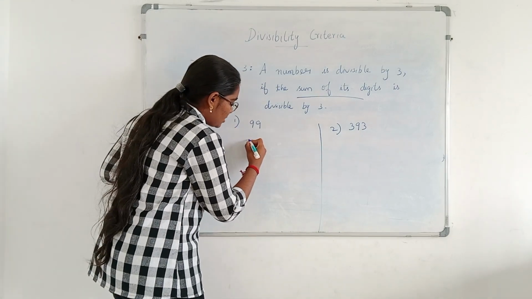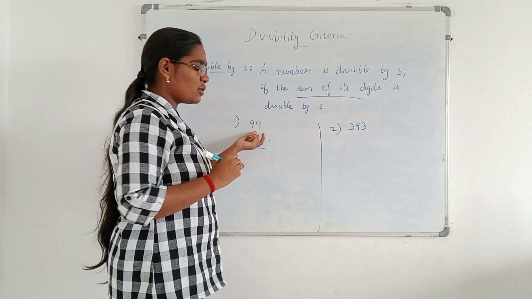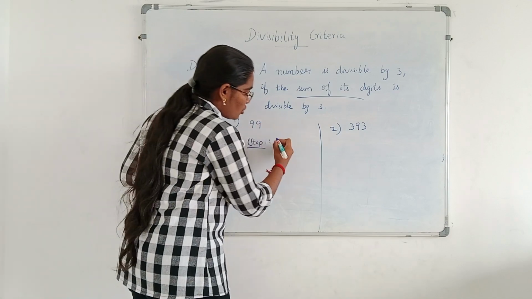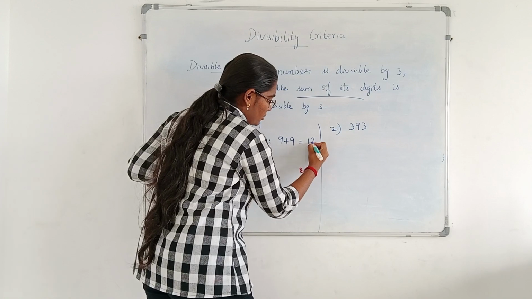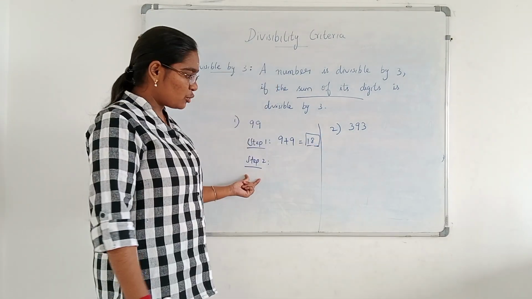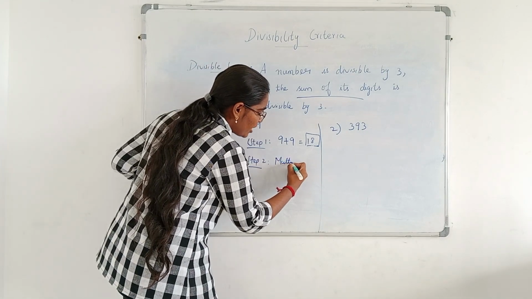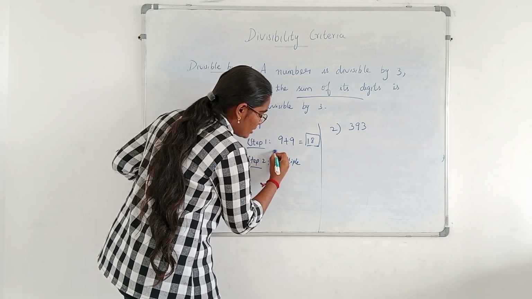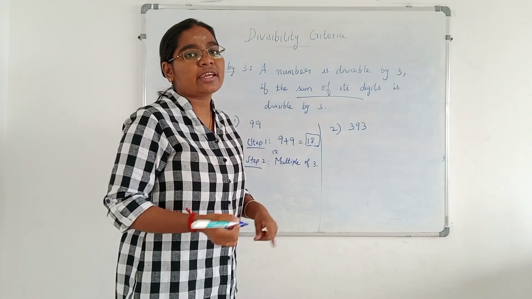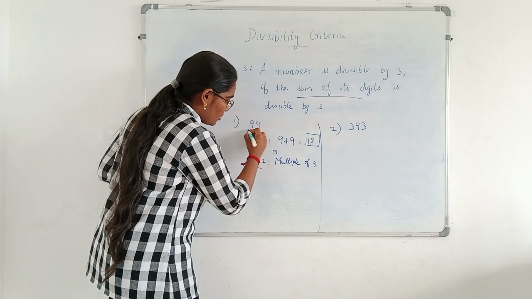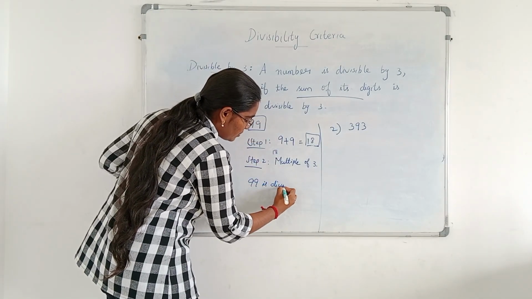Step 1: add all the digits. 9 plus 9, what will you get? 18. Step 2: check whether this 18 is a multiple of 3 or not. Is 18 a multiple of 3? Yes.